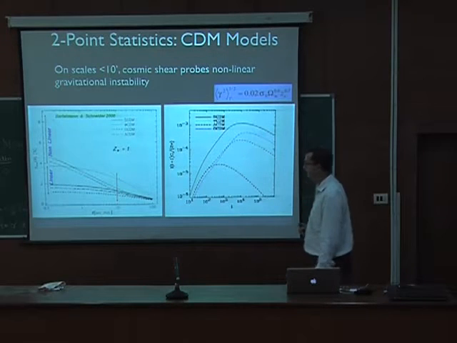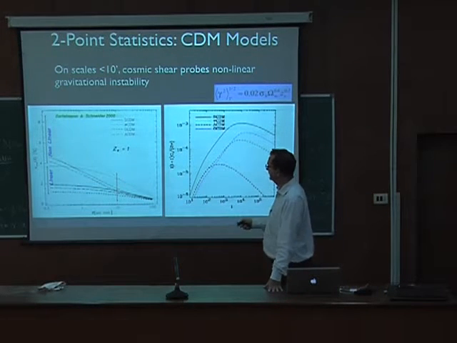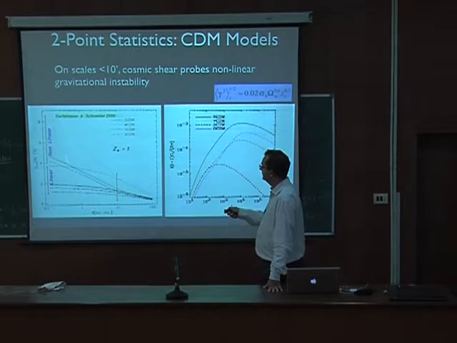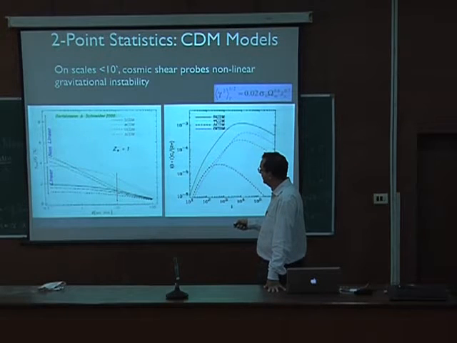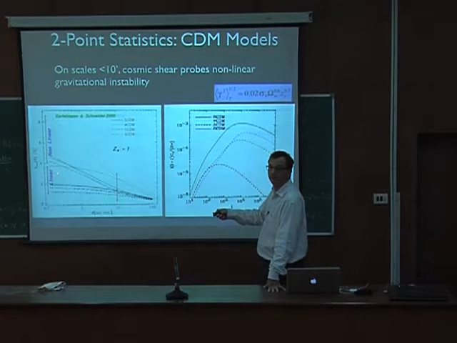So you get less and less signal. You notice that this is actually the square root of the variance, so this has units of shear, and this is in percent. So at a few arc-minutes or so, you get a few percent shear.